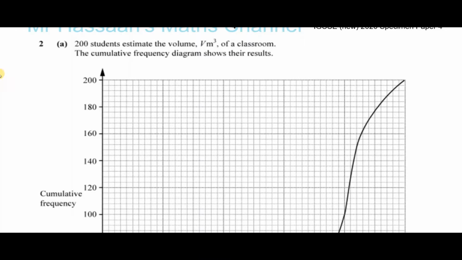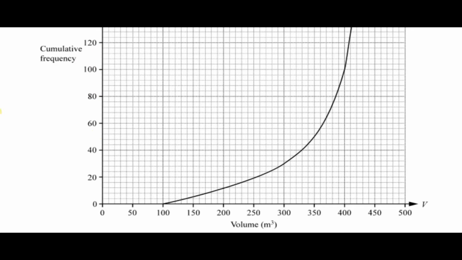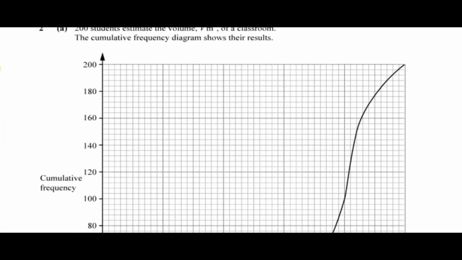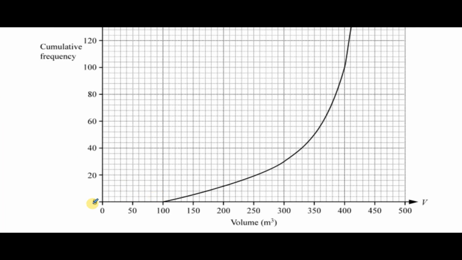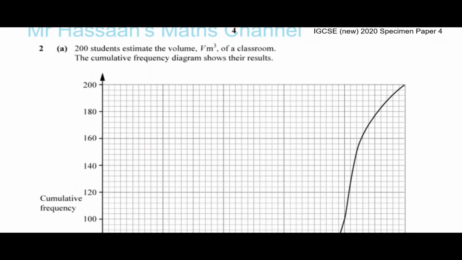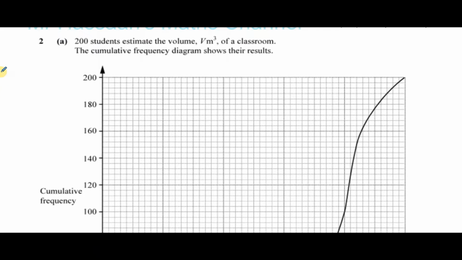Basically the y-axis tells you the number of entries in the survey, and the x-axis tells you the quantity that they are describing. So here, what's being described is the estimates of the volume of the classroom that students have been asked to make by their teacher.